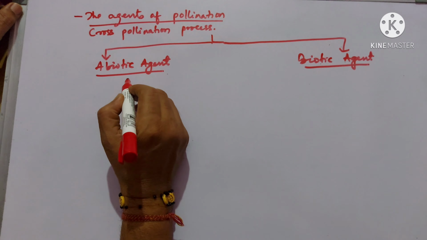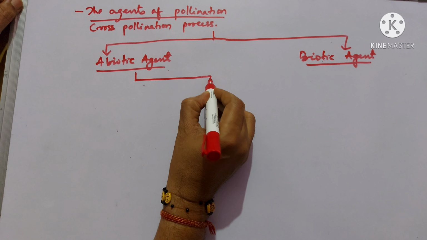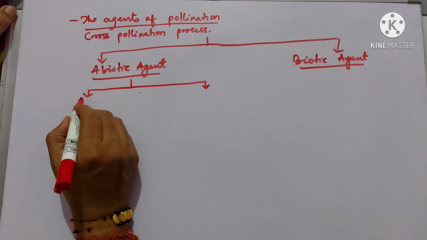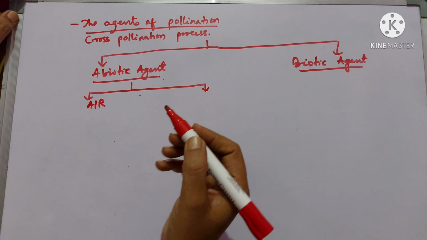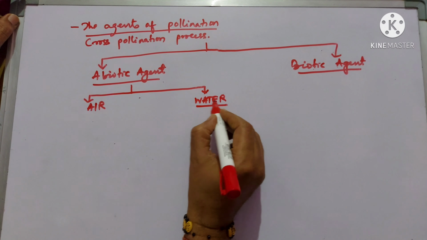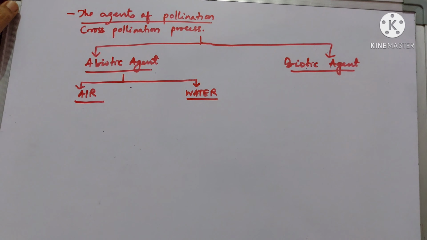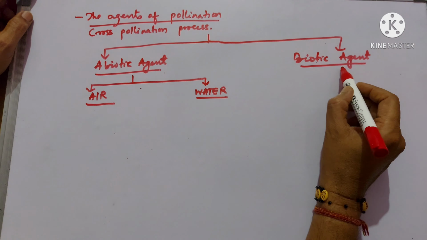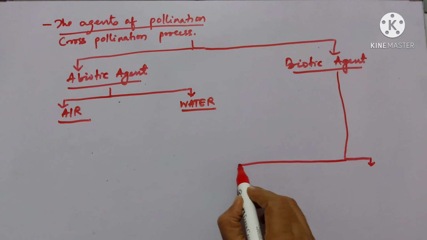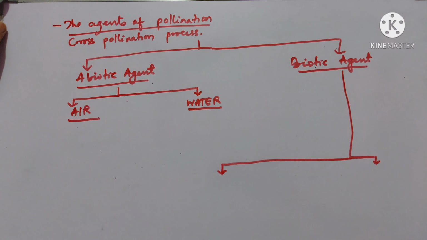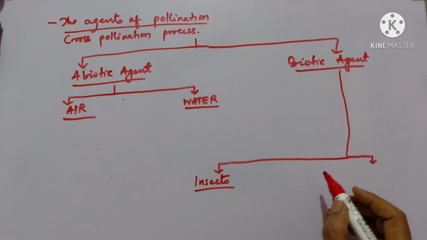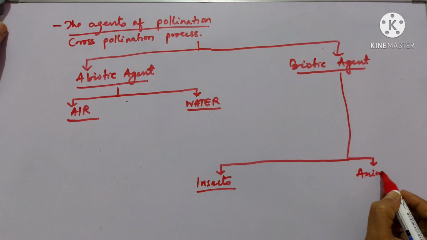The abiotic agents include air and water. The biotic agents include insects and animals.